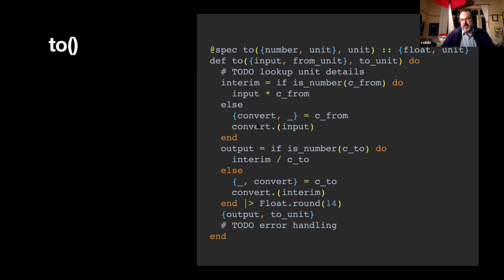If we're doing temperature and that was a function, we'll look up the from function and pass the input to it to convert into the home unit. And then for the output we just divide it. We either divide it by the to coefficient or we pass it through to the to function. And then we do a rounding just because I get annoyed when it does a 15 decimal point thing, and we output it. And so that's just the core of it.